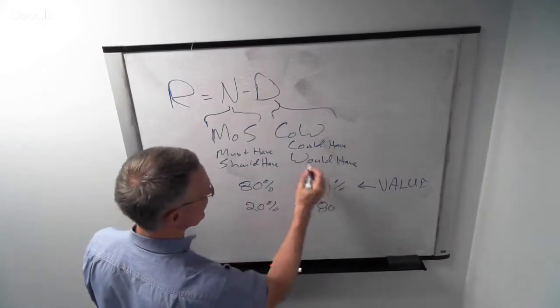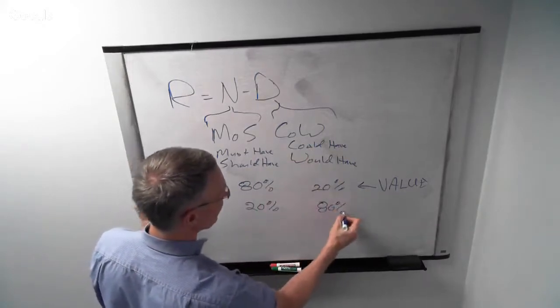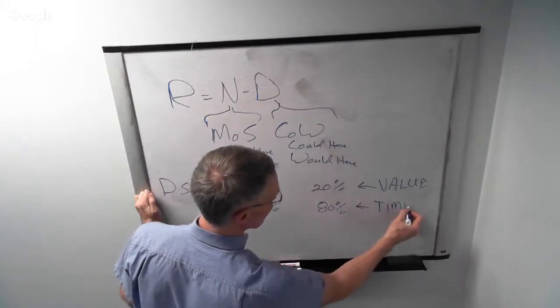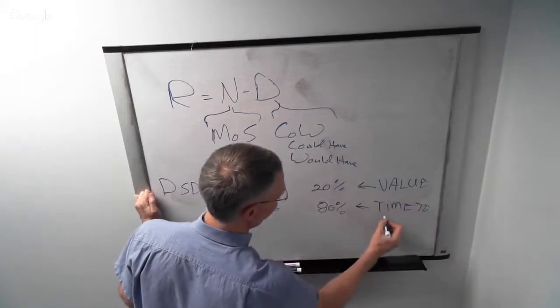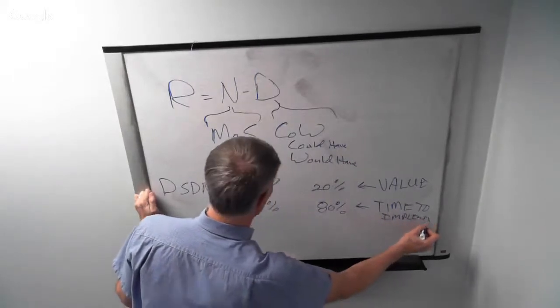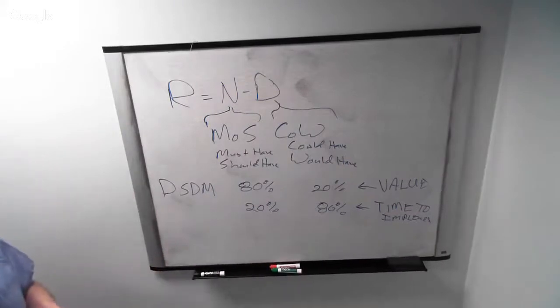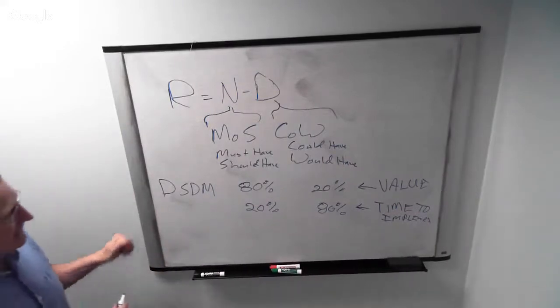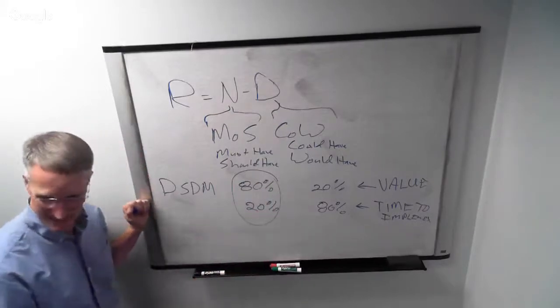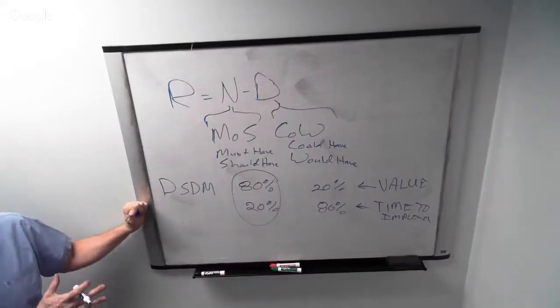Whereas if you pay attention to this other stuff over here, this is time to implement. If you look at that from a business perspective, if I can get 80% of my value in 20% of the project time, I'm staying there.